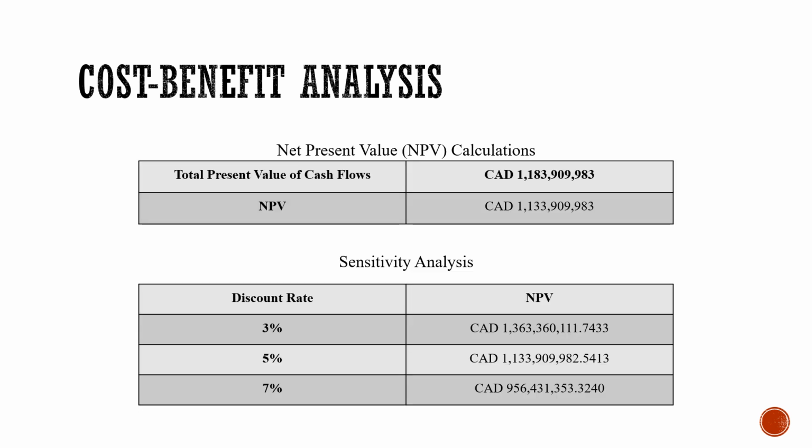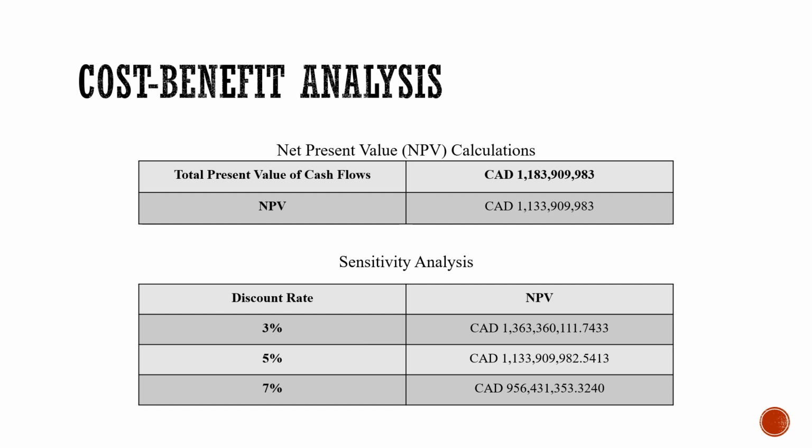This net present value calculation, the NPV, is calculated by summing up the total present value from the previous table and subtracting the initial investment from that to get this value right here.